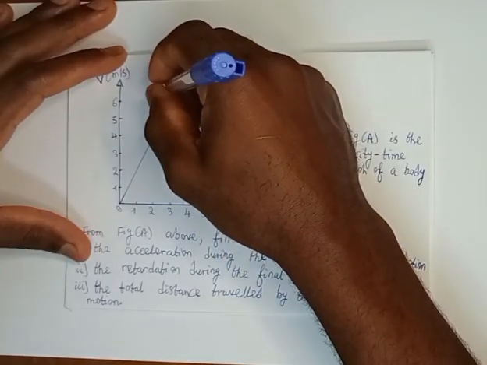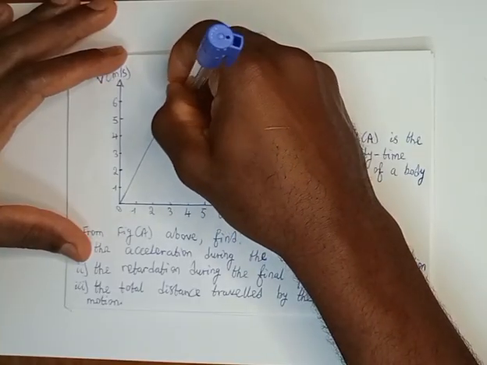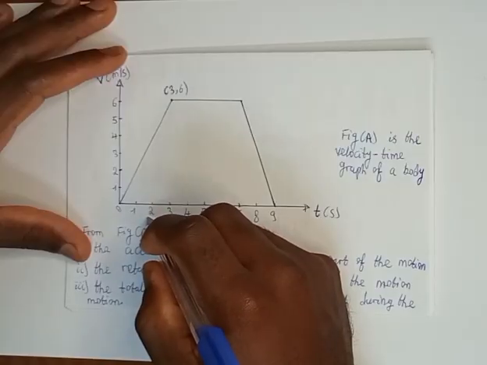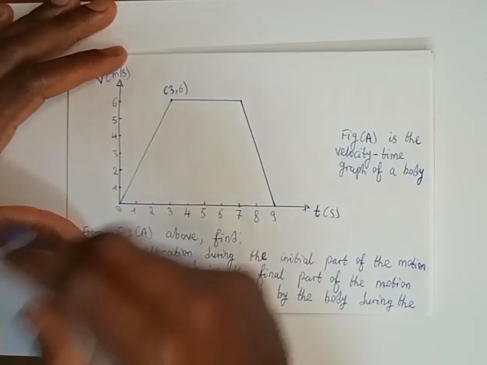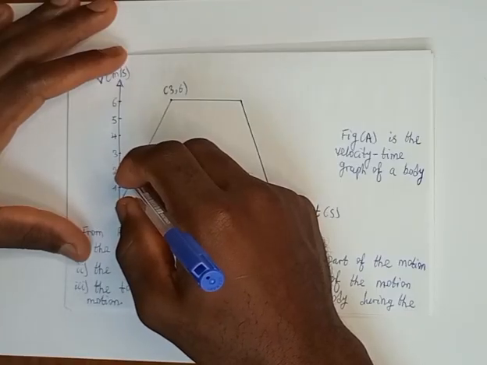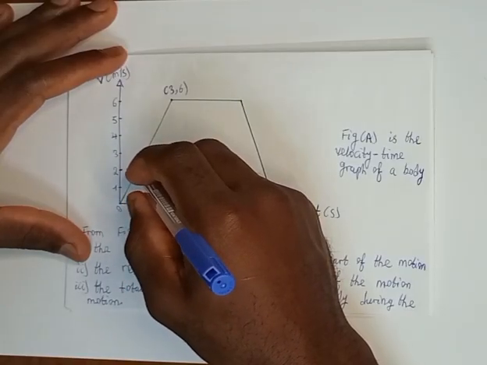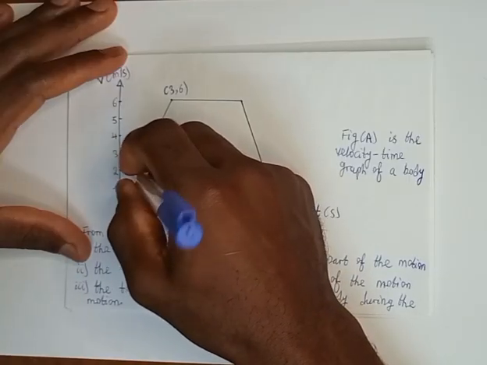Here we have 3, 6. Then we make use of this other point. We are not going to use the origin 0, 0. We are going to make use of this other point 1, 2.